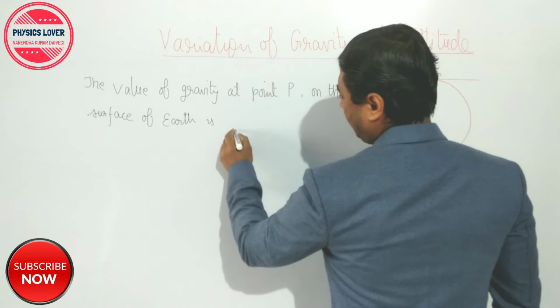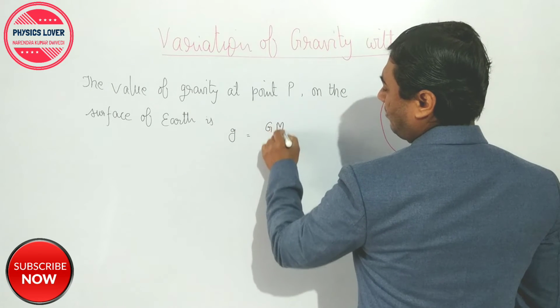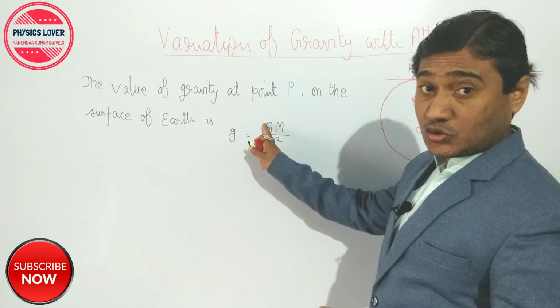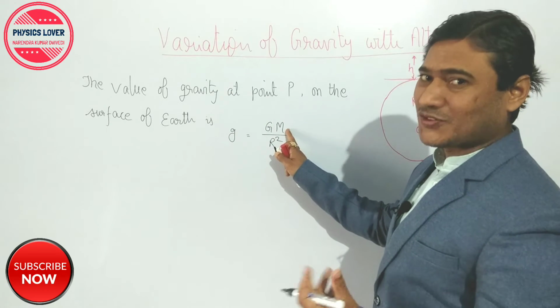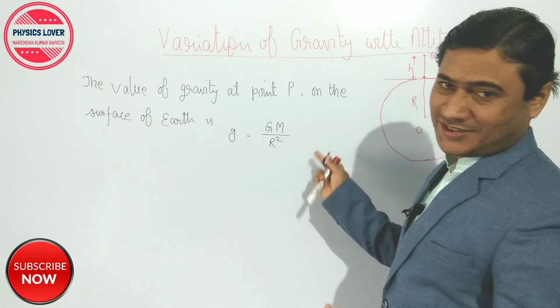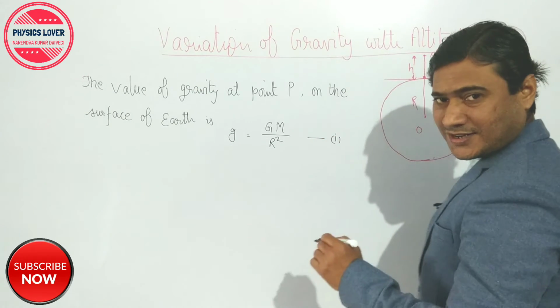It is say g, which is equal to capital G M by R square, where capital G is the universal gravitational constant, M is the mass of the earth, and R is of course the radius of the earth. So let me call this equation number 1.